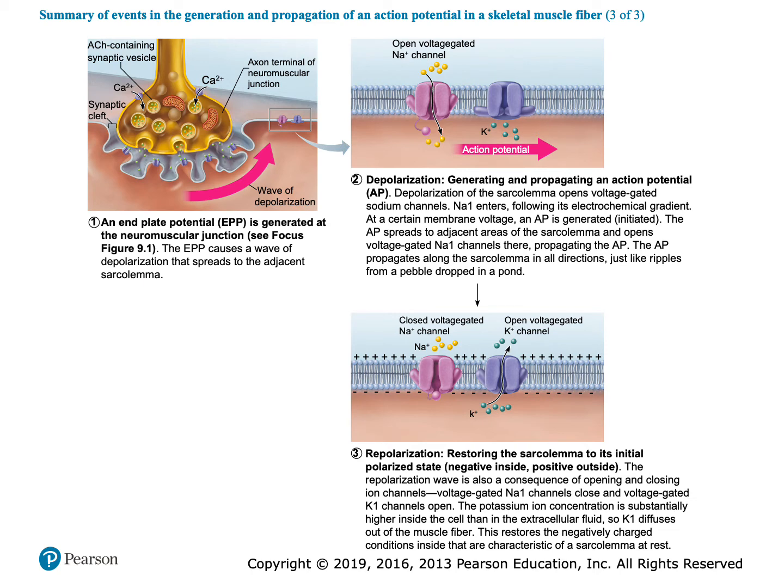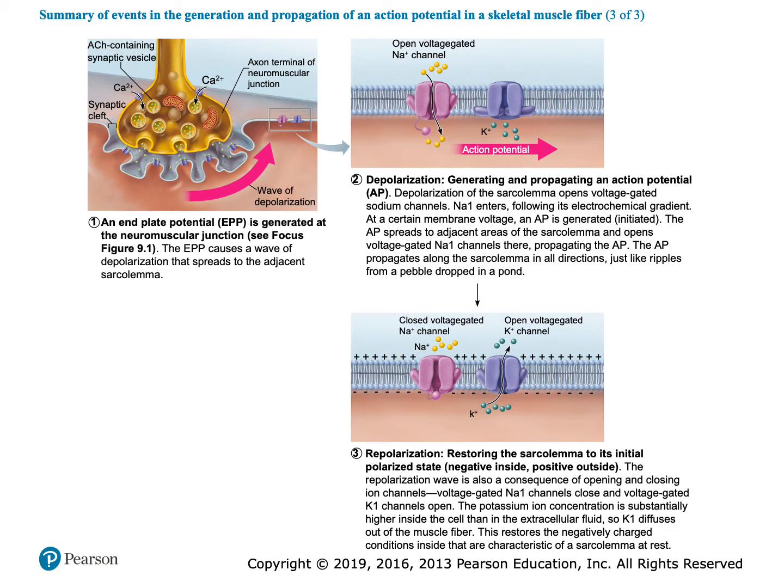Why are they showing us this potassium channel? Well, that guy is going to open up too to let potassium out because you don't want to stay in a constant zap state. You want to end up going back to negative 70. So right here is showing how you are going to repolarize, get back to negative 70.